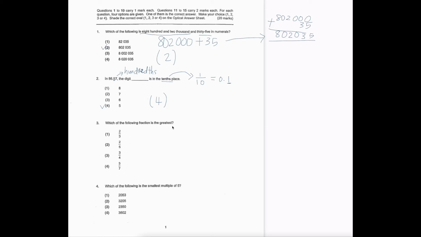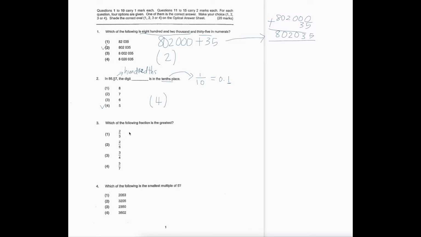Which of the following fractions is the greatest? We have to make them the same denominator, but in this case you get numbers 3, 5, 4 and 7, and your common denominator will be pretty big. This MCQ, no calculators are allowed, so let's compare 1 and 2 first. We choose the bigger one out of 1 and 2, and then we compare 3 and 4 and we choose the bigger one out of these two.